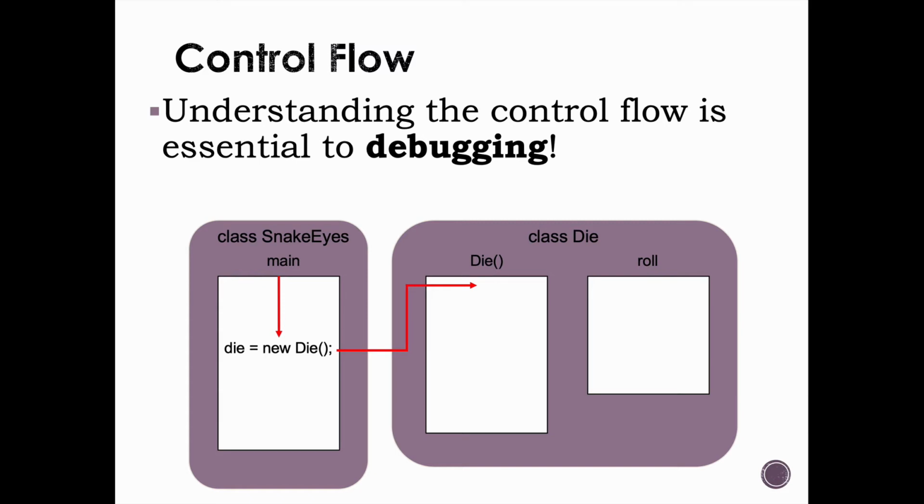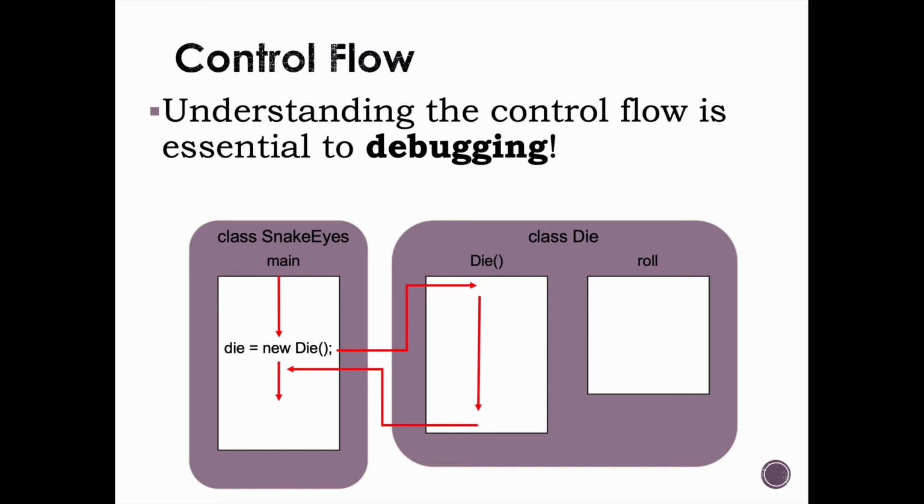And it will continue from there until it finishes, in which case it will come back right after the line that has finished executing the new die and will continue to execute into the main program.